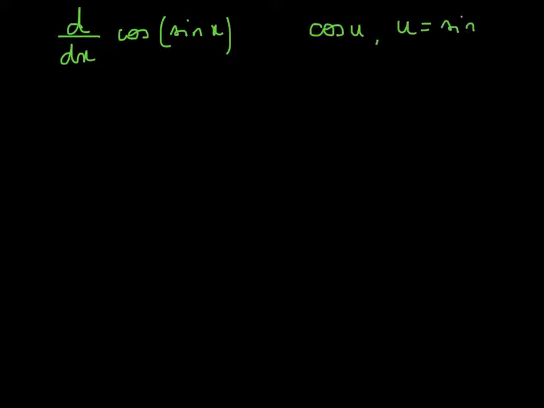How about the derivative with respect to x of cos of sine x? See, it's not cos x, but it's a composite function. It's cos u with u equals sine x. If this is your function u, then the derivative of cos u is minus sine u.